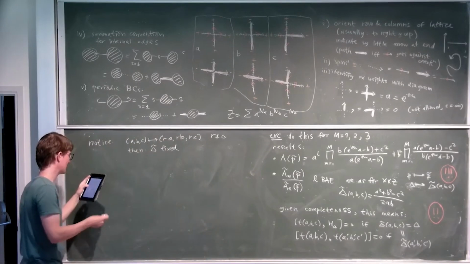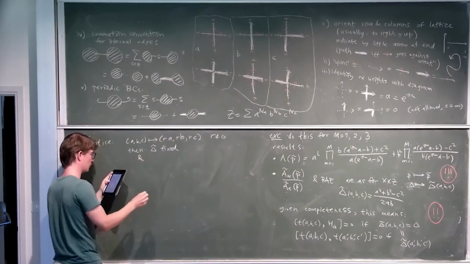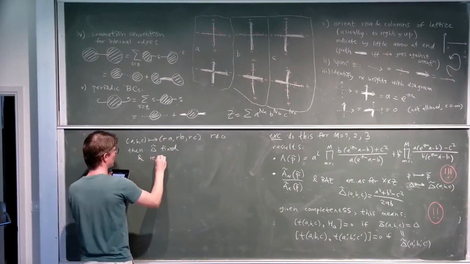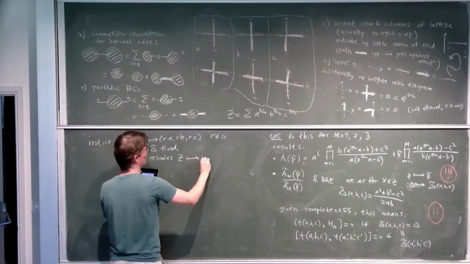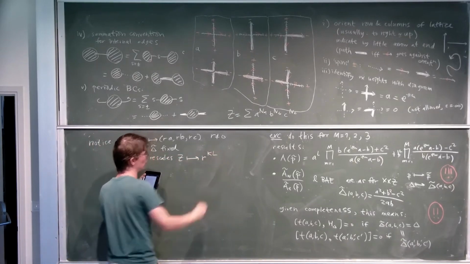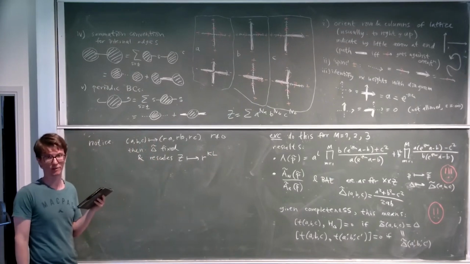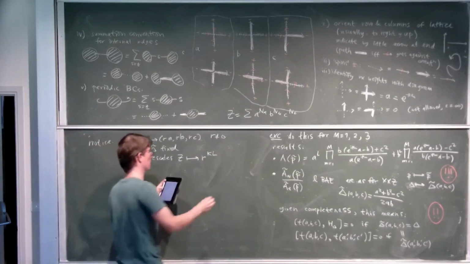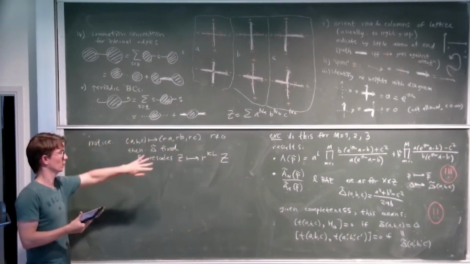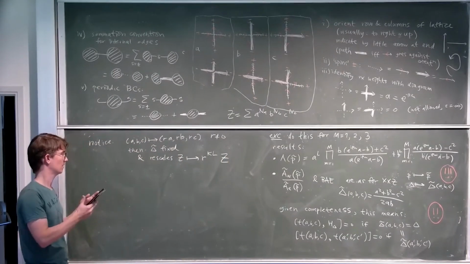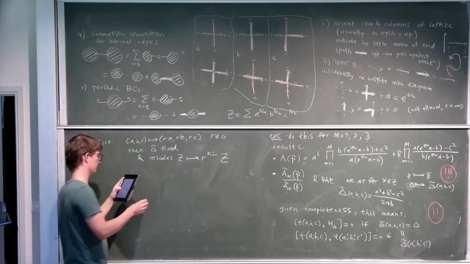So delta tilde is fixed, and moreover, go back to the 6-vertex model, it just rescales the partition function by, well, you just get the R for each vertex, the homogeneous polynomial of total degree KL. So it doesn't affect the thermodynamics. If you take the logarithm, it's just a constant, irrelevant for physical properties.